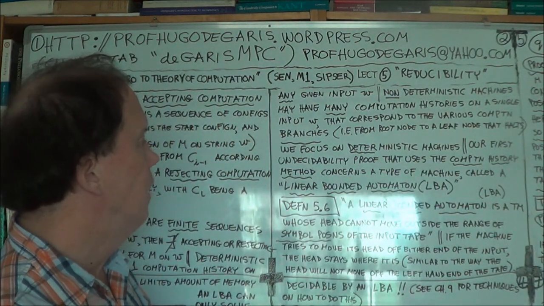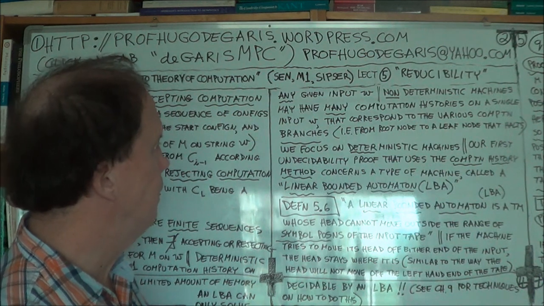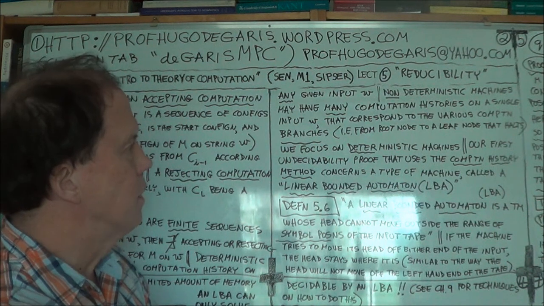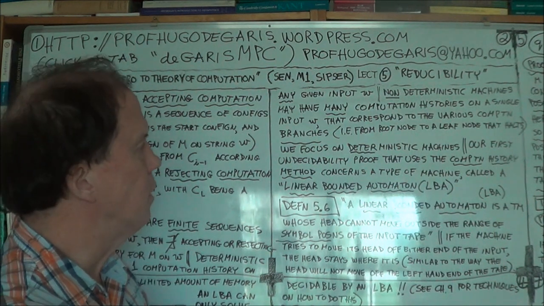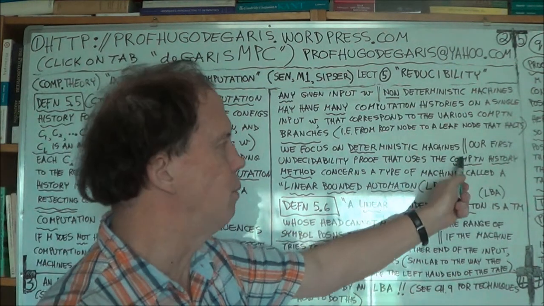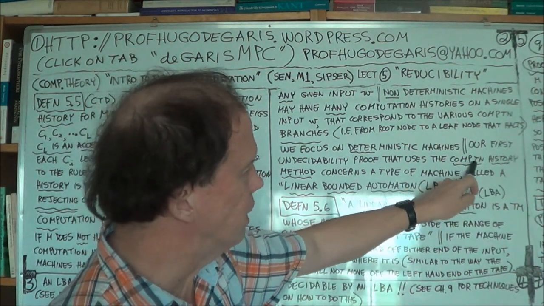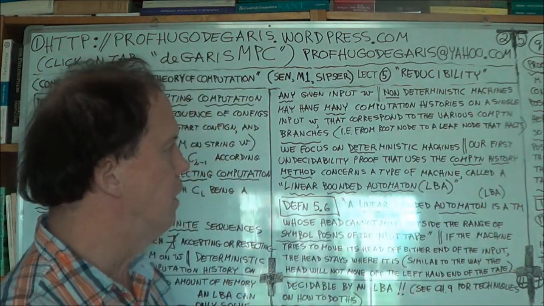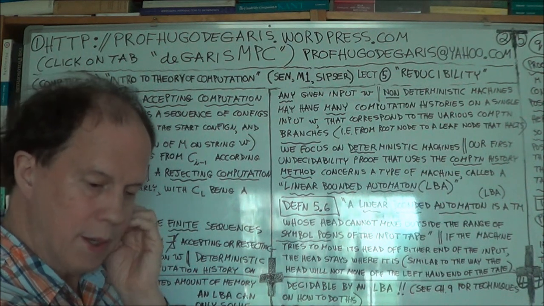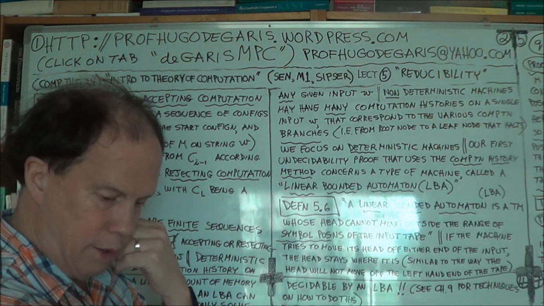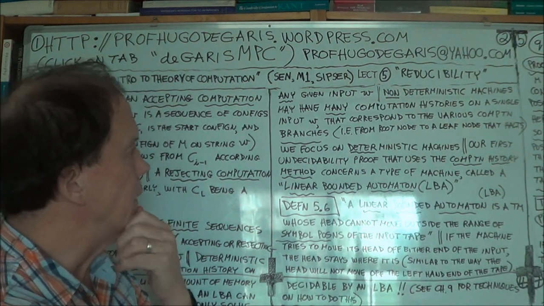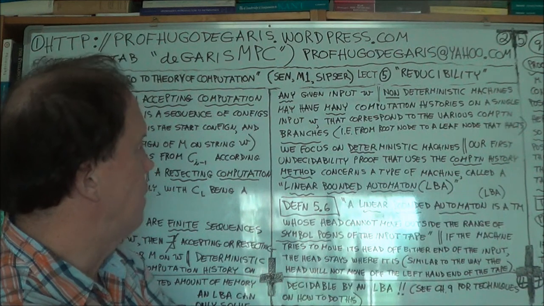Okay. All right. Now, on the previous board I mentioned briefly that one of the motivations for talking about computation history is that it helps us in undecidability proofs, and now we'll start getting a taste.